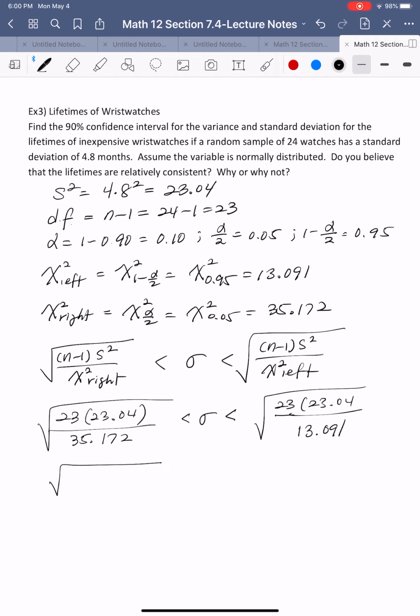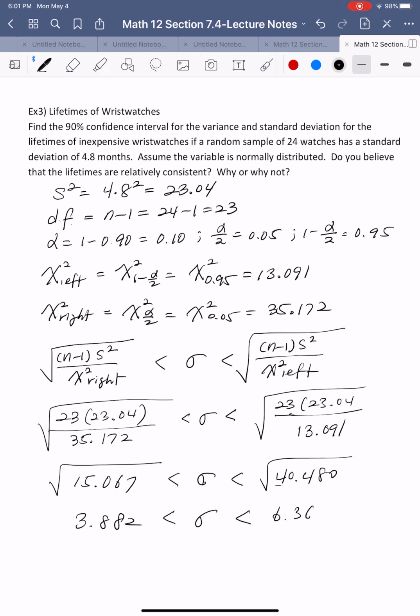When you compute inside, you get 15.067 less than sigma squared less than 40.480. In the radical, this is 3.882 less than sigma less than 6.362. So this is the confidence interval.